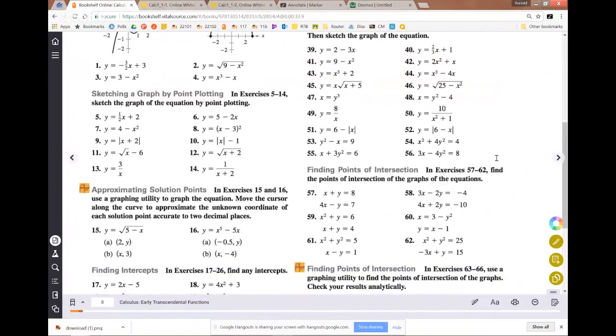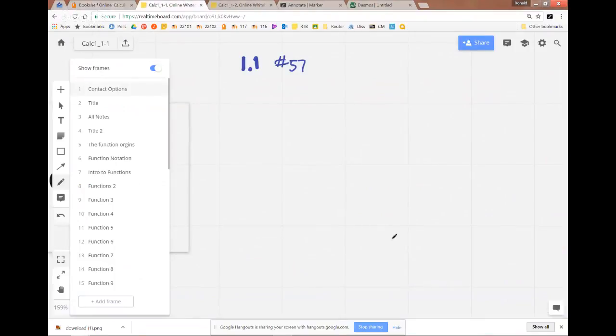So find the points of intersection. We've got the two graphs, x plus y equals 8 and 4x minus y equals 7. So you've got several things you can do. I personally love to do straight lines, and these are straight because everything is to the first degree.